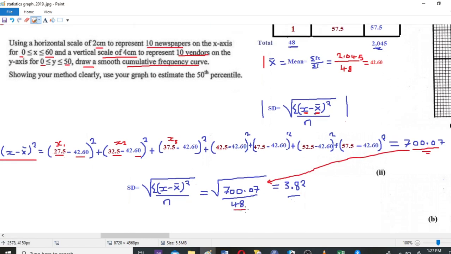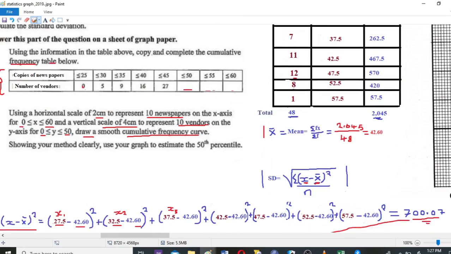This 48 is the total number of participants. When we divide, we are getting 3.82 as our standard deviation. So this is how we calculate our standard deviation.